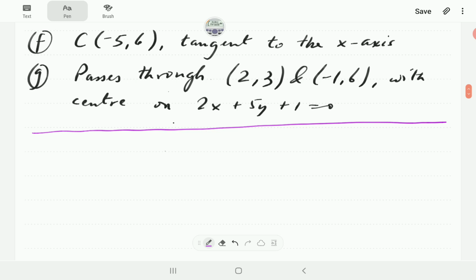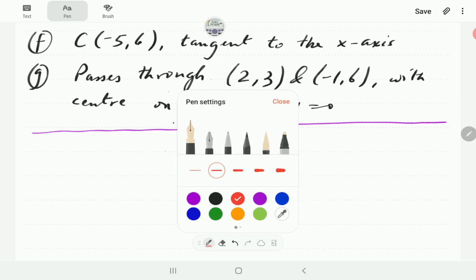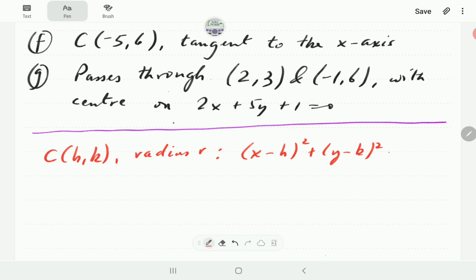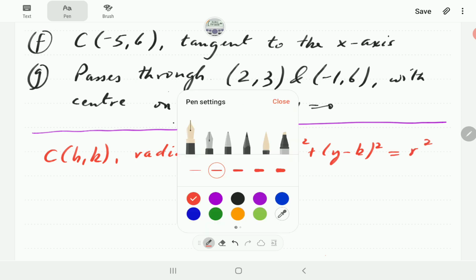Perhaps before we continue with this, let's just remind ourselves that for a circle centered at h, k with radius r, the equation in standard form is x minus h squared plus y minus k squared is equal to r squared.